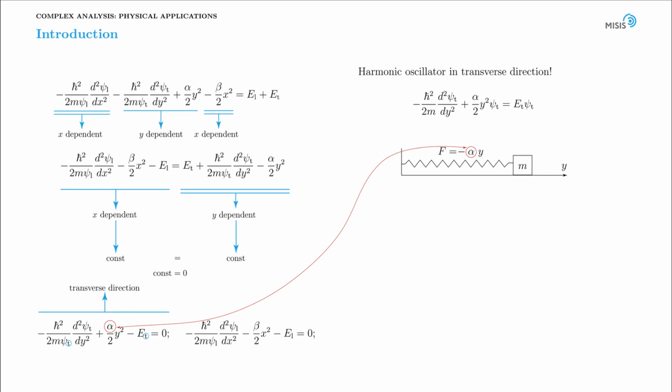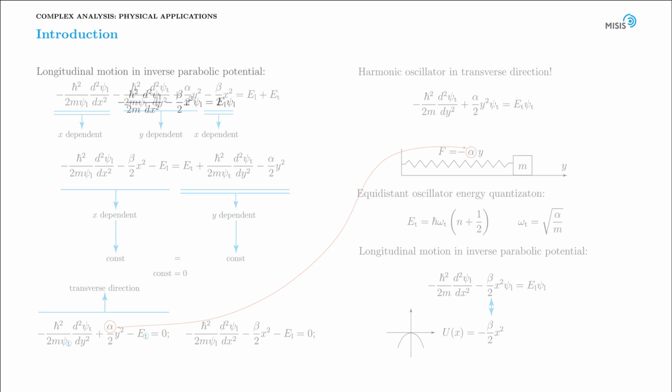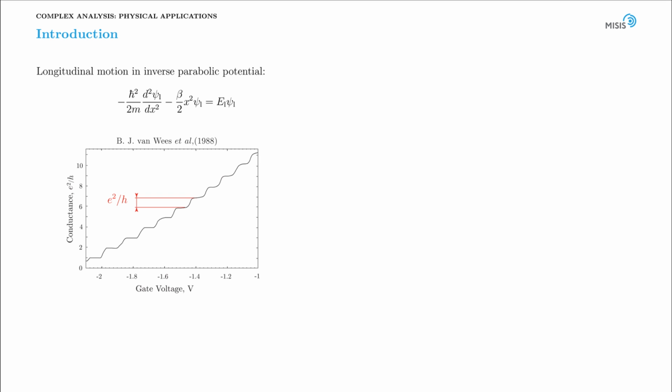And we come to a simple equidistant energy quantization in the transverse direction. The second equation is an infinite motion in the field of an inverse parabolic potential. It is the solution of this equation that defines the quantized staircase structure of the conductance of a quantum point contact. Therefore, this equation is going to be the central topic of our introductory lecture.